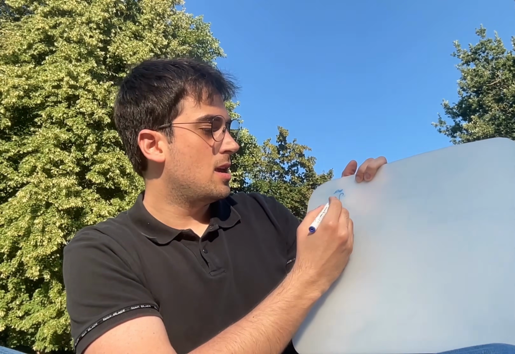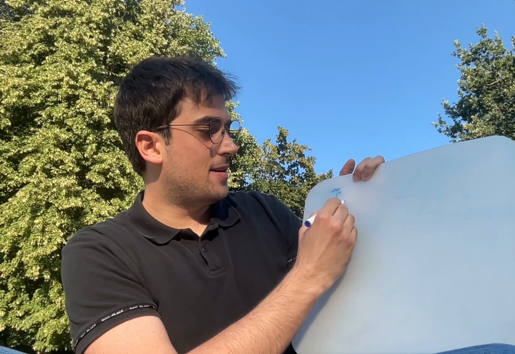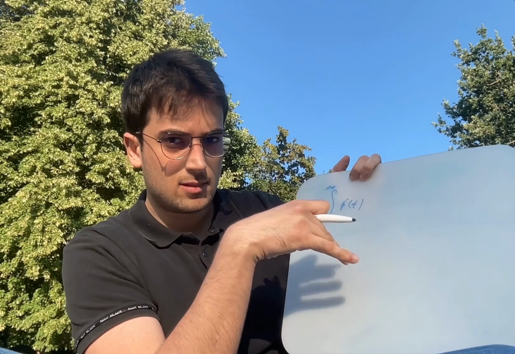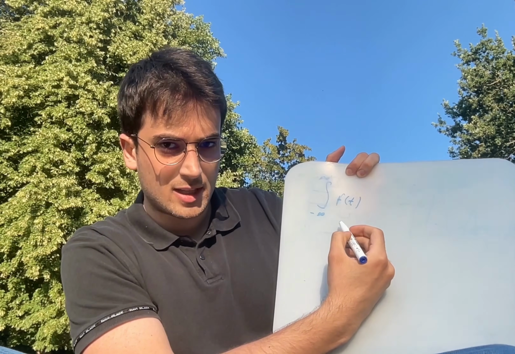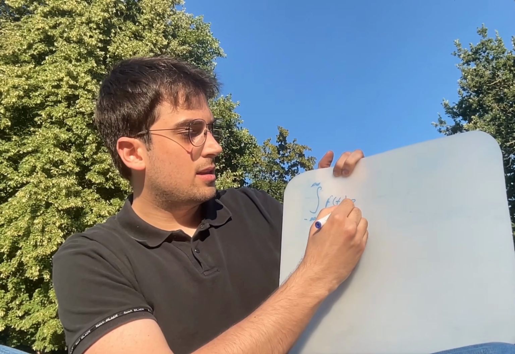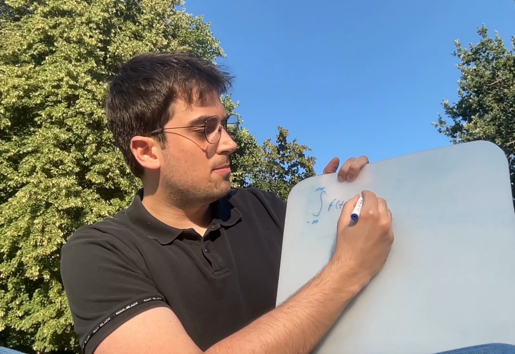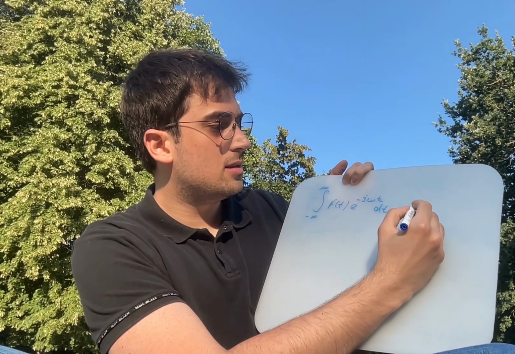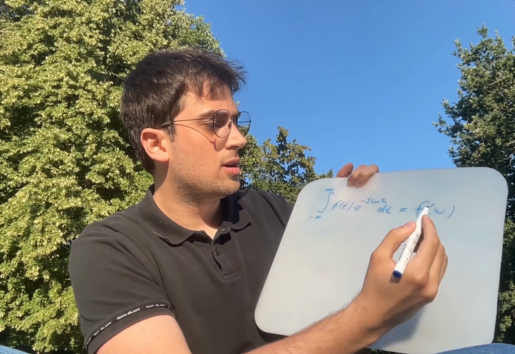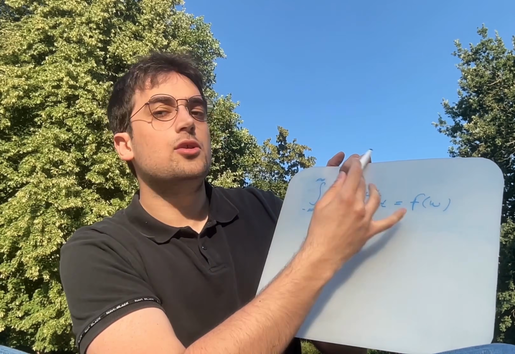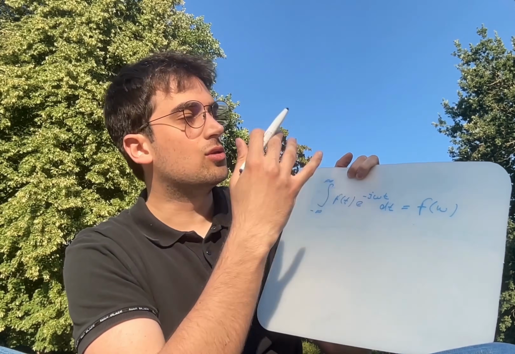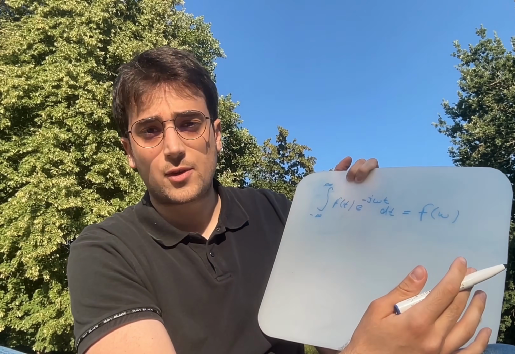You have the data I already showed you, like the voice record in the time domain, f(t), and then you have an exponential function e^(-jwt) dt. This is the formula, and after you do that, you have converted your signal to the frequency domain.